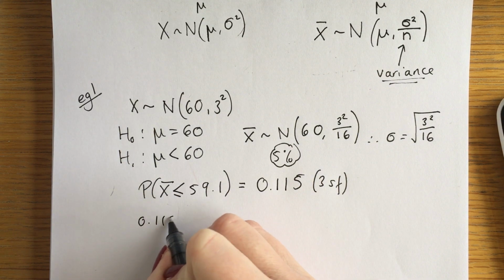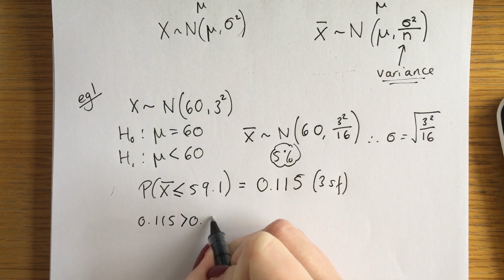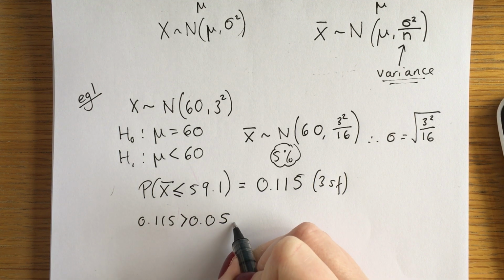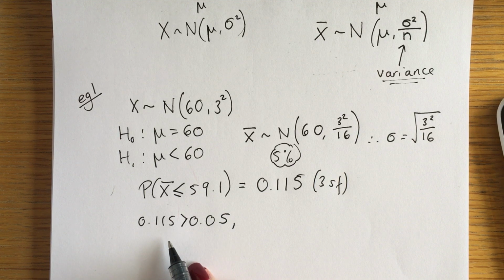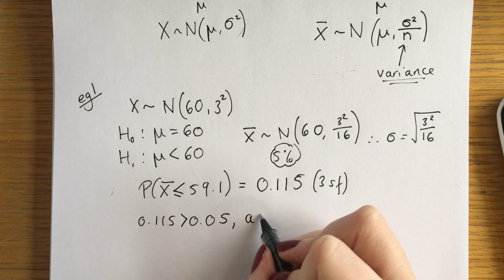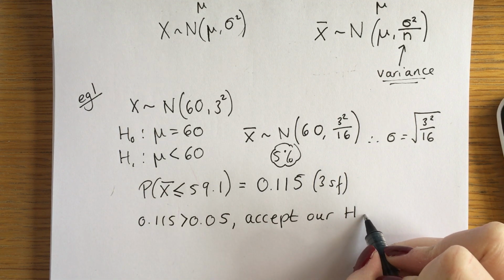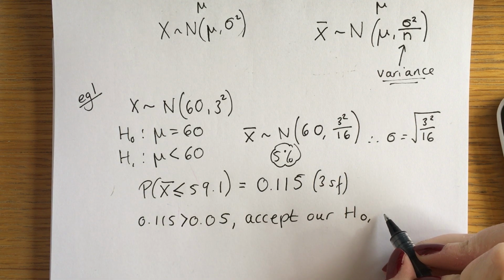So 0.115 is greater than 0.05. So that means there's a more than 5% chance of getting a sample mean of 59.1, assuming the mean is 60. This means that we accept our null hypothesis because there's no evidence to say that we should change it.